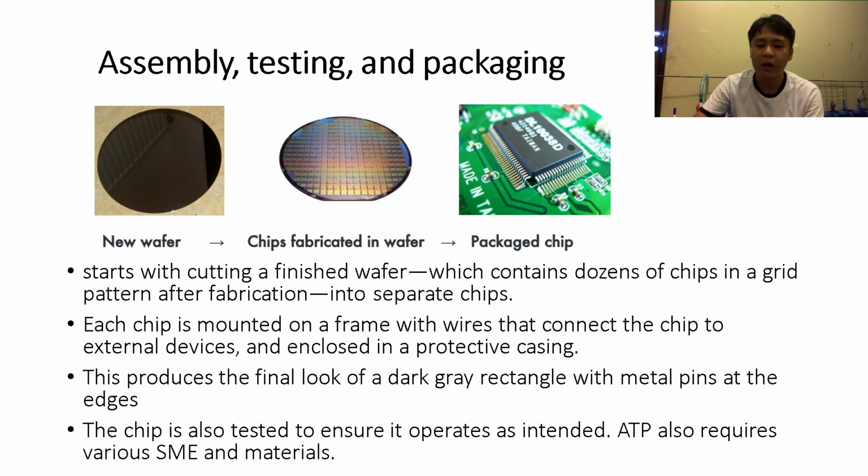Each chip is mounted on a frame with wires that connect the chip to external devices and enclosed in a protective casing. These procedures produce the final look of a dark gray rectangle with petal pins at the edges, which we can see in the third image in the figure below. The chip is also tested to ensure it operates as intended.